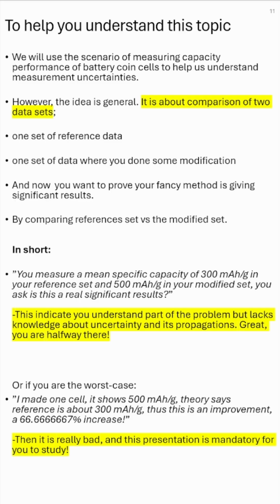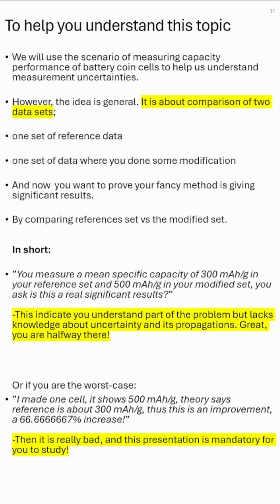But in the worse case scenario, if you have made one cell, and it showed 500 milliampere hours per gram, and then you look up in theory, so you haven't even done a reference measurement, and theory says it should be 300 milliampere hours per gram, and then you say that is an improvement, and you also calculate the improvement in percentage and get the number 66.66666667%.